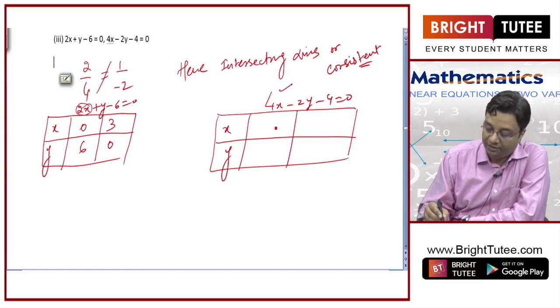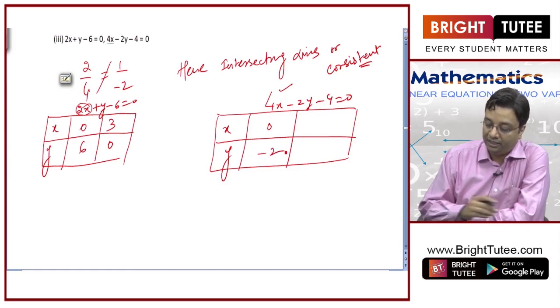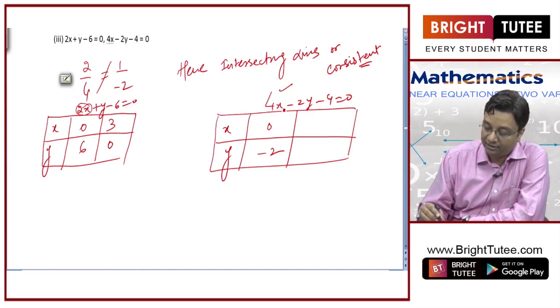Okay, here if I put x equal to 0, what will be y? Minus 2y will be equal to 4, so y will be equal to minus 2. And if I put x equal to 3, let us say, it will become 12. 12 minus 4 is 8.